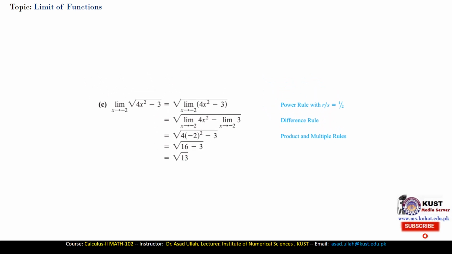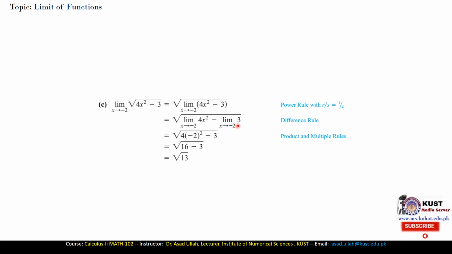Okay, in part C we will apply property number 6, because 4x square minus 3 is inside the square root. So taking the limit as x tends to minus 2 of the function 4x square minus 3 to the power one half, the square root. Now applying the difference rule, we get the limit as x tends to minus 2 of 4x square minus the limit as x tends to minus 2 of the constant 3.